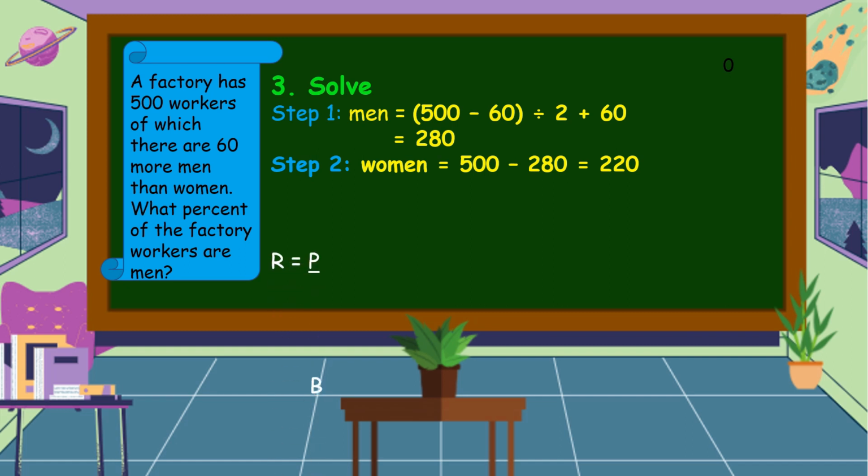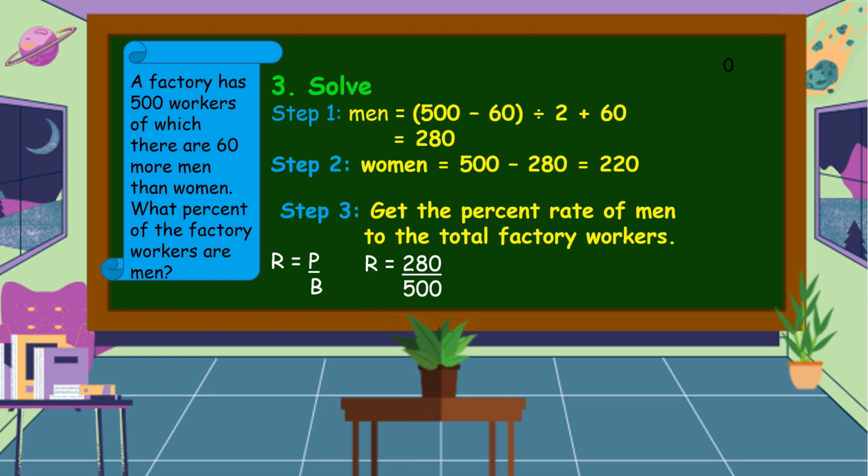So, next natin ay ang ating step 3. Get the percent rate of men to the total factory workers using the formula rate is equal to percentage divided by base, where the percentage is equal to 280 divided by 500, which is the total factory workers. So, dito pwede natin i-cancel ditong dalawang 0, isang numerator, isang denominator.